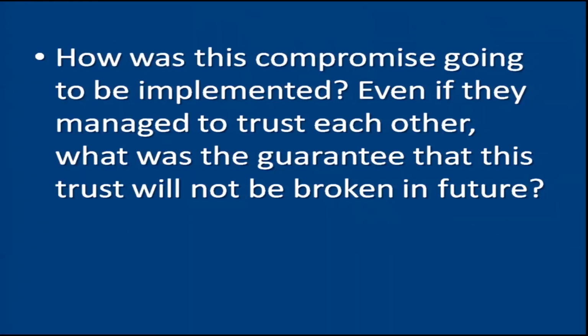Even if they managed to trust each other, what was the guarantee that this trust would not be broken in future? You see, both the groups sat together and made the compromise, but still they were not fully satisfied, because a question was rising in their heads, in both the groups, white as well as black.